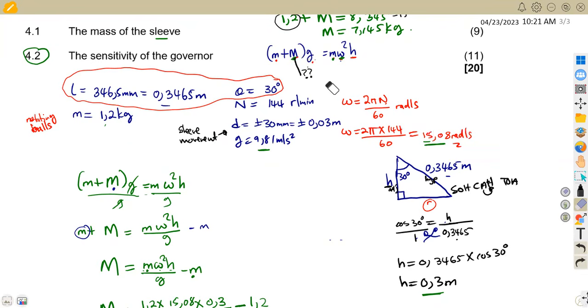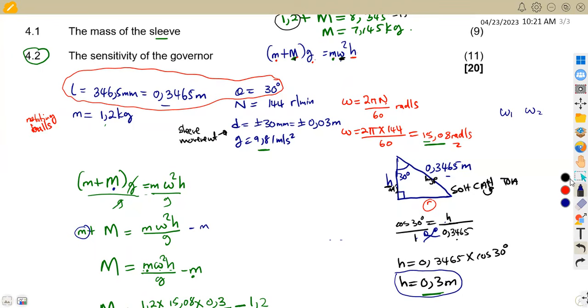I just want this part here. Before we made M the subject, because we wanted to calculate M. This time we want to calculate omega. So it still goes back to h, but now we are going to be affected. This one is the one that uses this h, this formula that we are given. But in order for you to calculate now omega 1 and omega 2, we need to calculate H1 and H2.